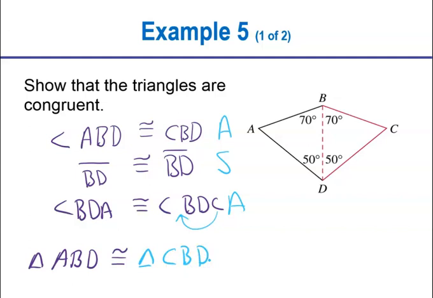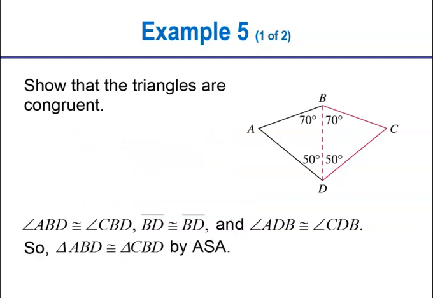ABD is congruent to CBD by angle, side, angle. Now we want to check our work by just looking at the typed up version. And we have ABD is congruent to CBD by angle, side, angle. So their argument was exactly like ours, just not listed like we did it together.